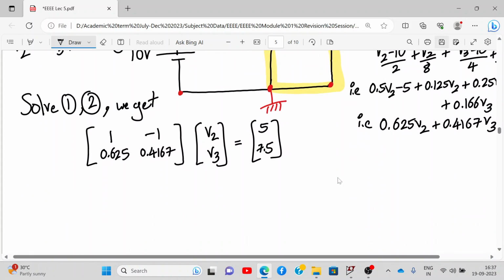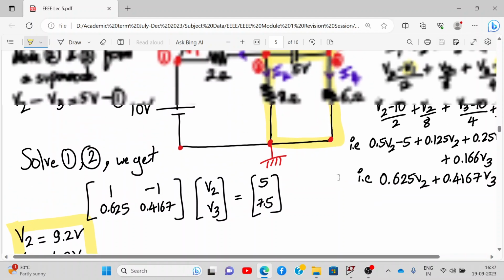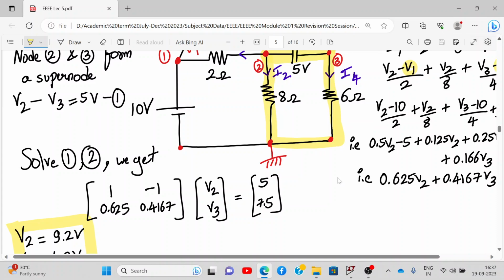So please solve this in a calculator, and you will definitely get the answer V2 as 9.2 volt and V3 as 4.2 volt. Alright, please cross check these answers. Okay, and now we need to find the current flowing through all the resistors.